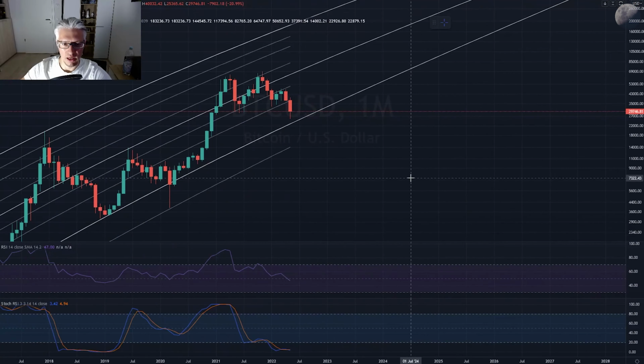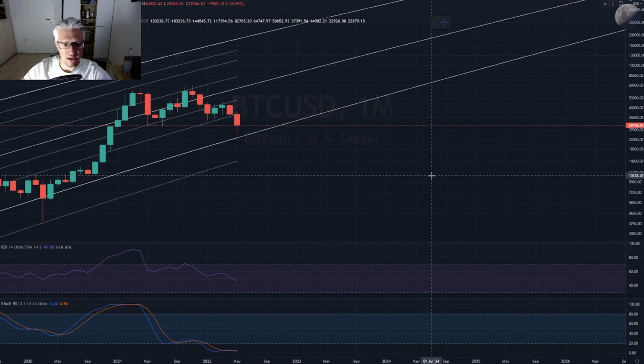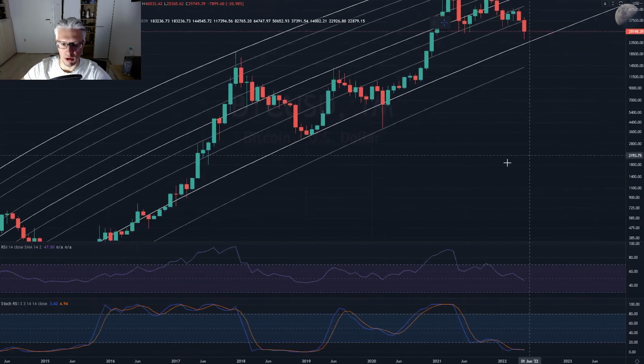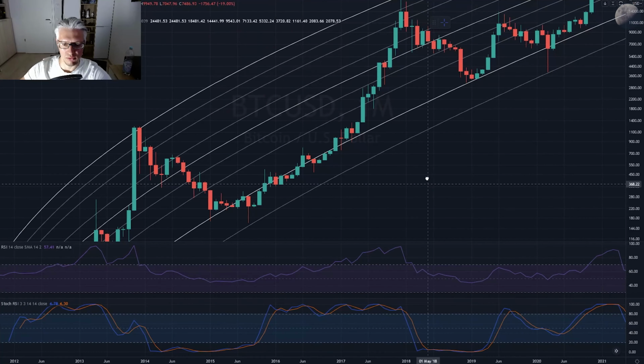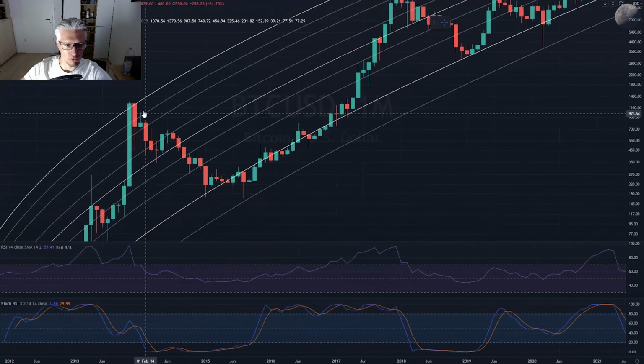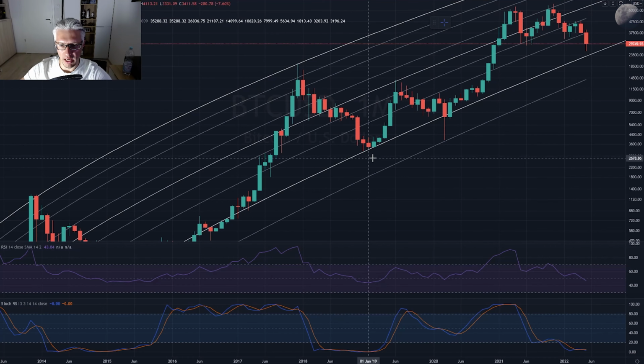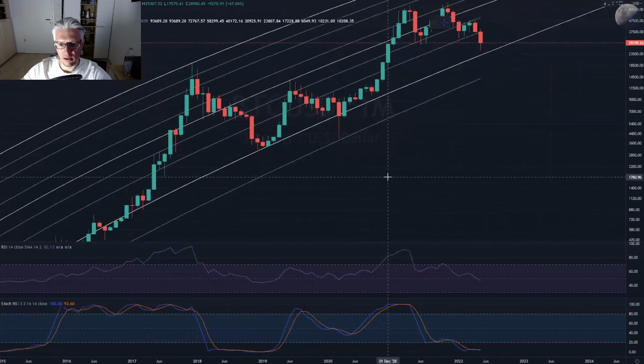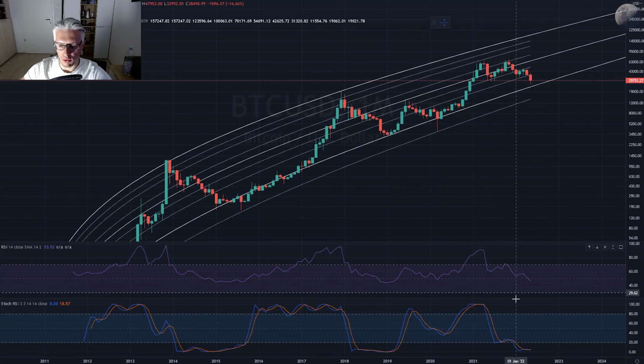So this is insanely oversold, and fascinatingly we haven't dropped that much, because if you compare it with the last times where the stochastic RSI was so low, Bitcoin was actually already down over 80%. It was down 80% in 2014-15, around 80% in 2018, and now we are at super oversold levels.